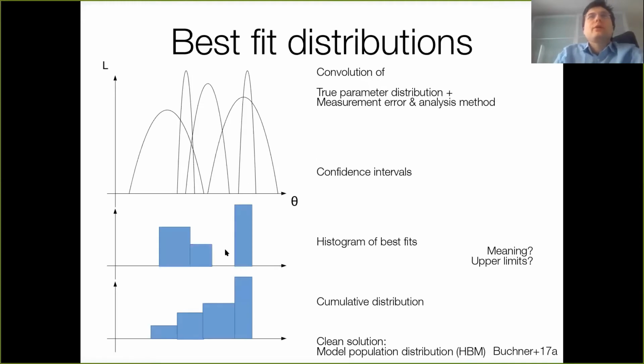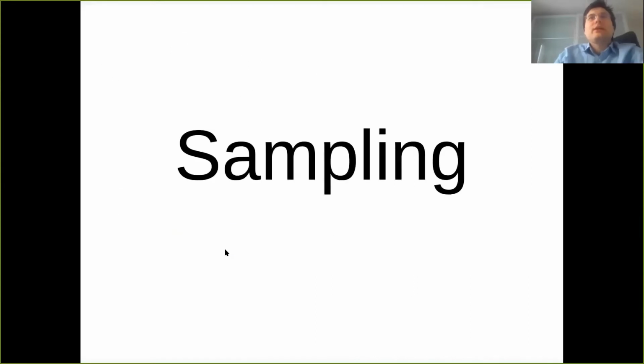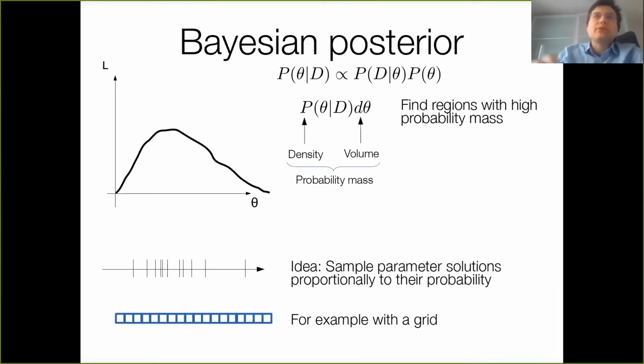So going beyond confidence intervals and best fits, we come to the topic of sampling. We already know that the posterior is the likelihood times a prior, and we want to identify regions with high probability. And we can represent probability distributions like this with a bunch of samples.